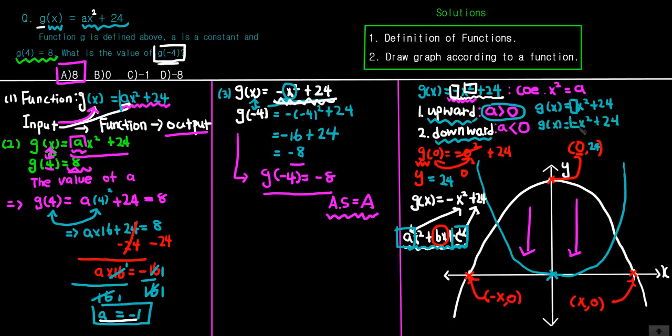And we know that it is negative, which means it will hit a maximum point right over here. So we can know that when the coefficient of the x squared term, which is a, is positive, the constant c will be a minimum point. And when the x squared term's coefficient is negative, the c will be a maximum point of the graph.